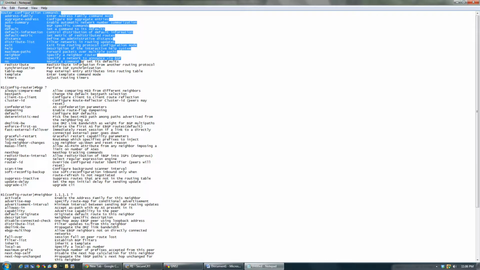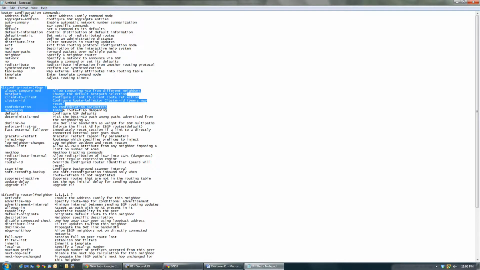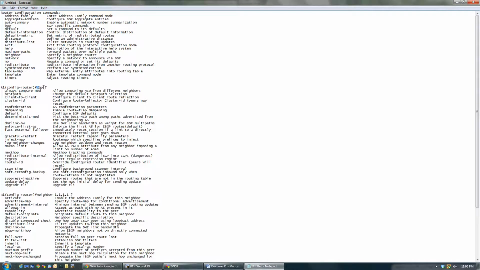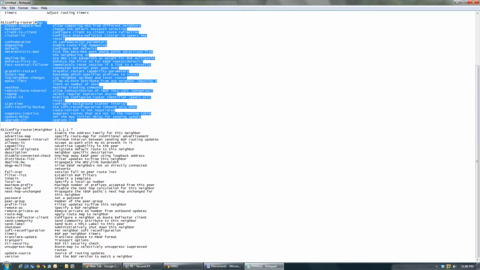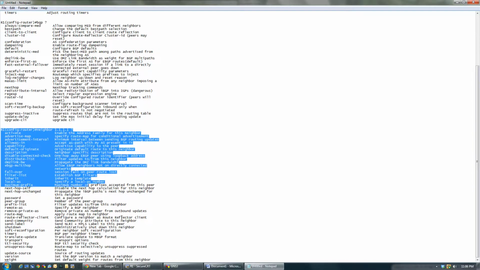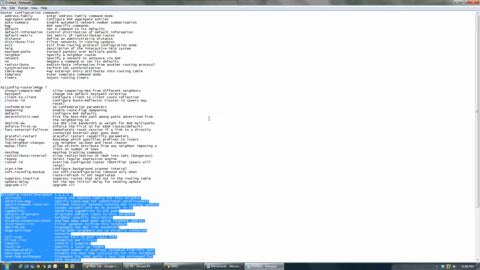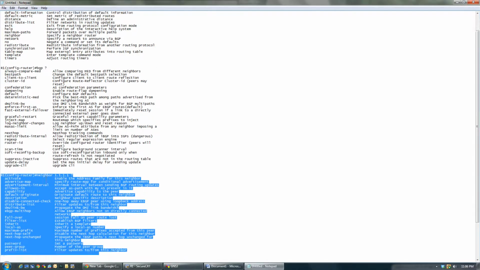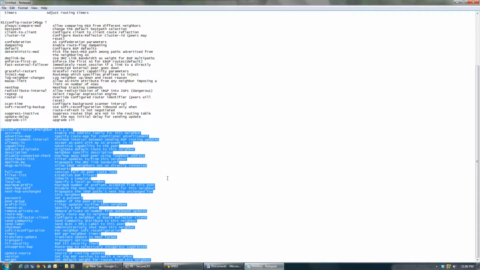As you can see, there are three sets of commands. There's the BGP set, there's another major set, and then we have a truckload of commands for this. Now, suppose you are following a particular workbook, and I would like to add one more.